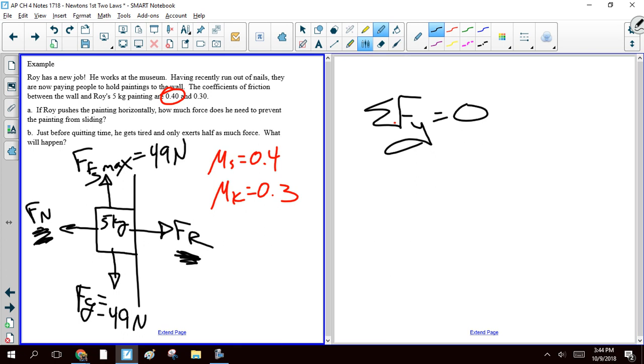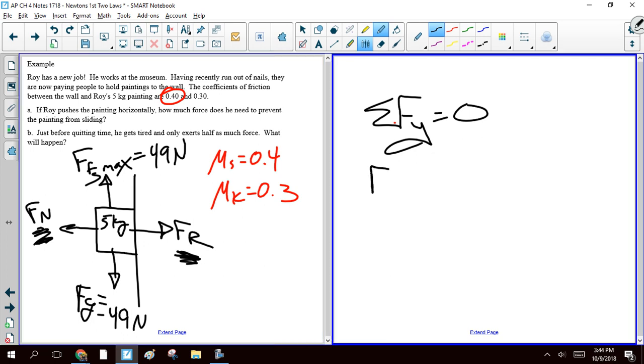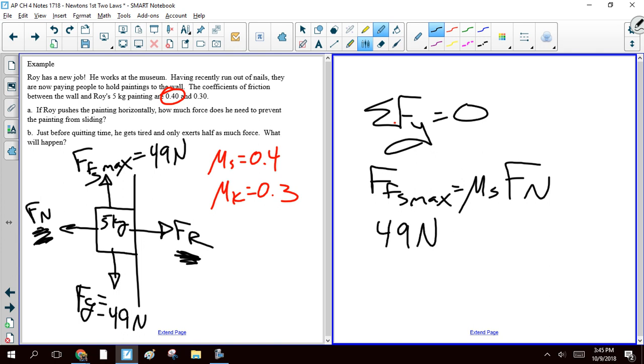We know our coefficient, right? Force of friction static max is coefficient of static friction times normal force. So we need at least 49 newtons of static friction.